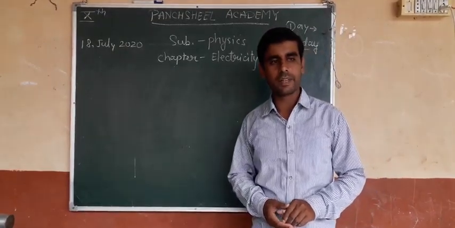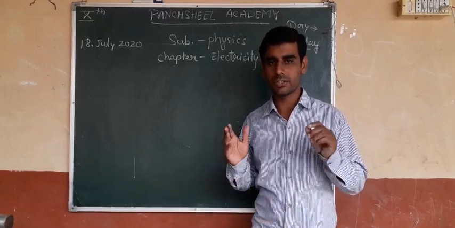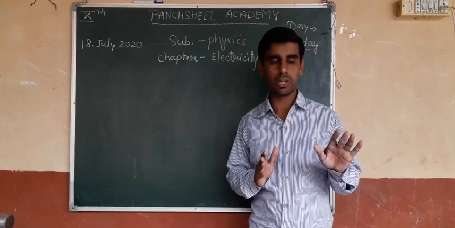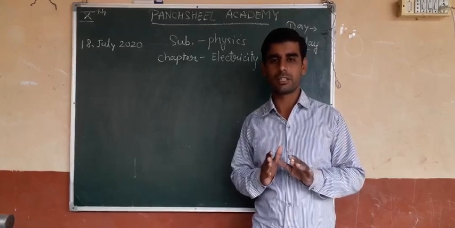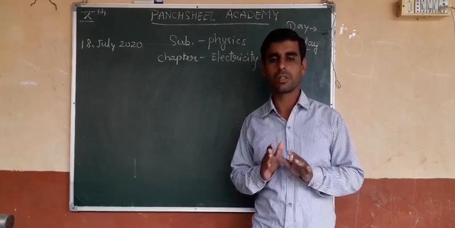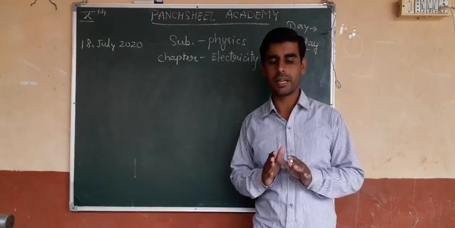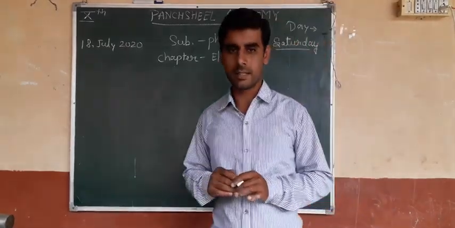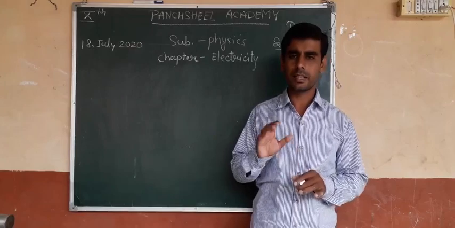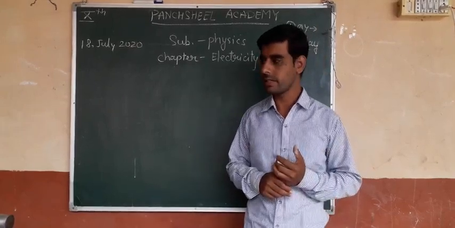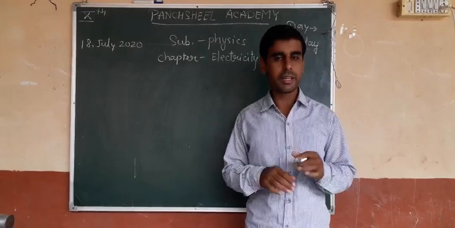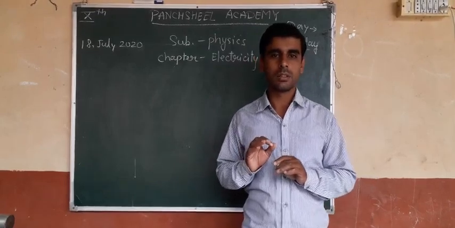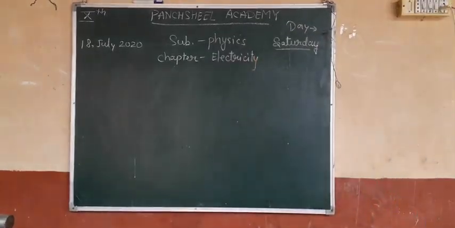In our previous lecture we studied what Ohm's law is, the statement of Ohm's law, the mathematical statement of Ohm's law, the electric circuit diagram and graph for Ohm's law, the definition of resistance, and the factors on which resistance depends. So in this section we will study the combination of resistances.